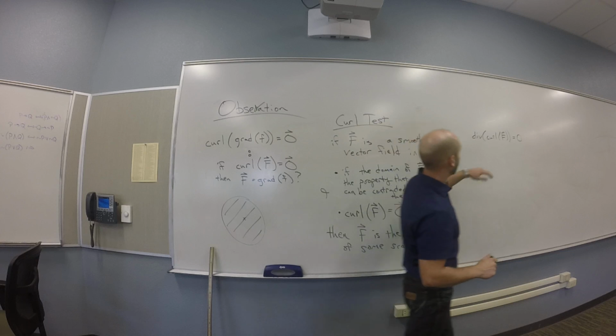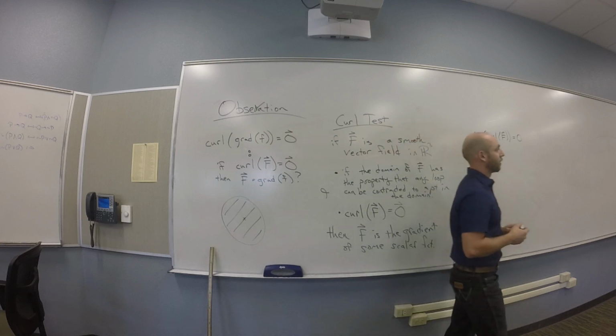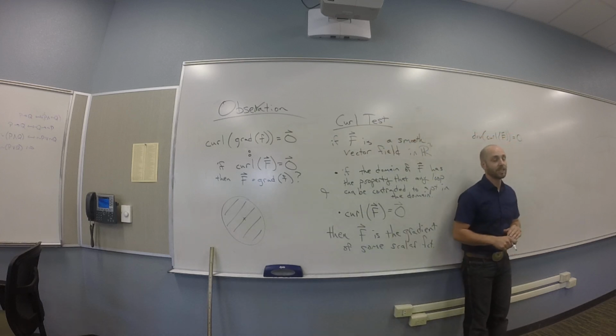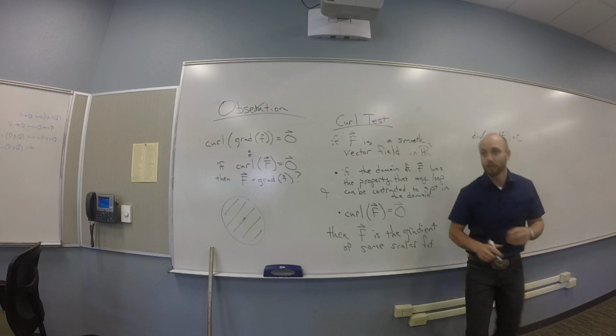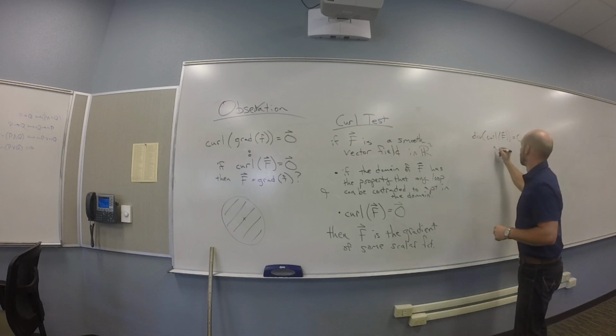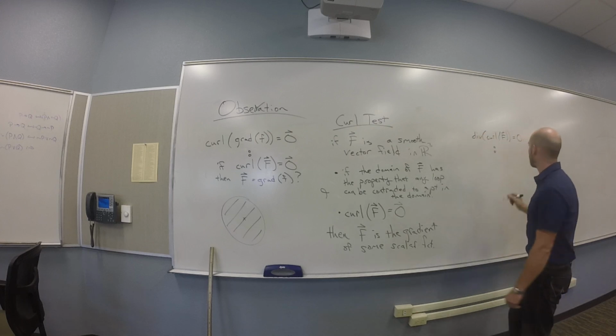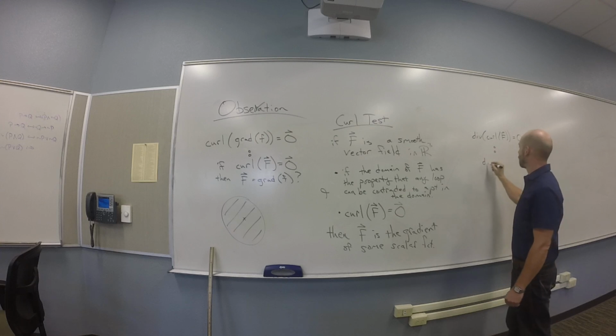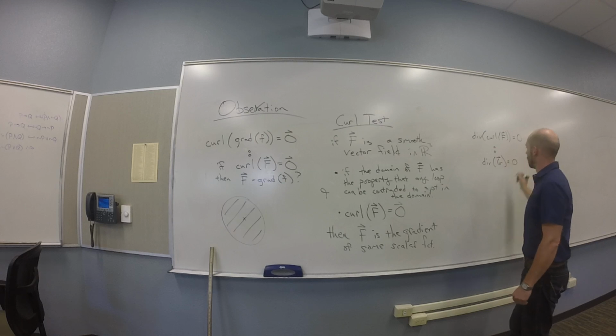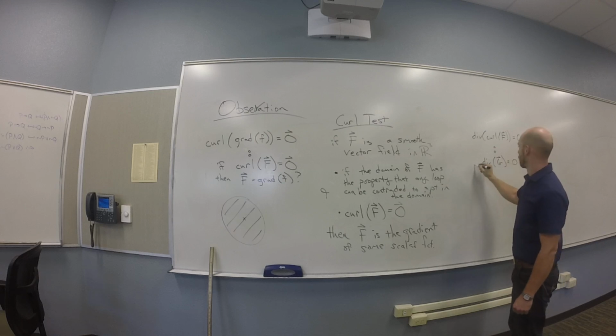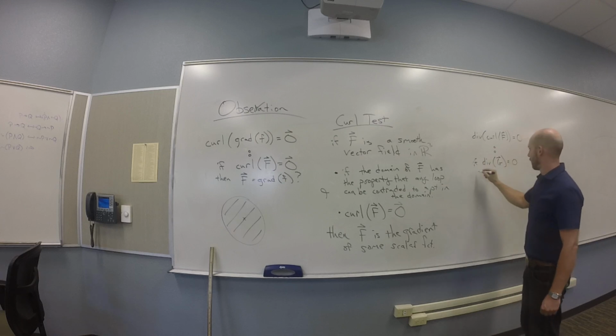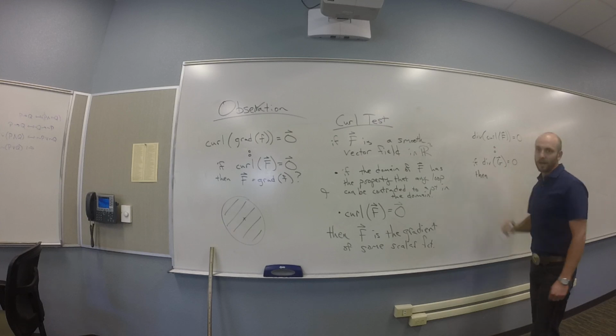Okay, so let's think this other thing through. We're going to make a very similar test for the divergence. Okay, so what I'm thinking is maybe if the divergence of some vector field G is 0, then what?